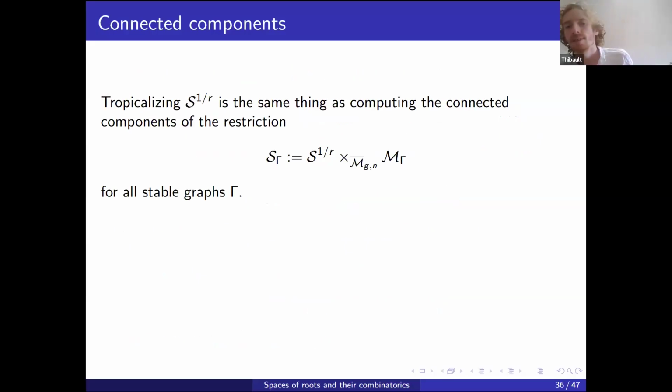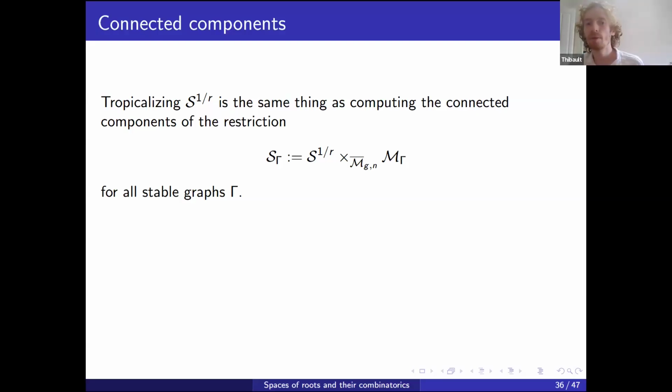Okay, so that was tropicalization. And now on to the space of roots itself. I want to extract as many combinatorics as I can from the problem. Well, if I give you a stable curve with a root on it, the first bit of combinatorics I can extract is, of course, the dual graph of the stable curve.